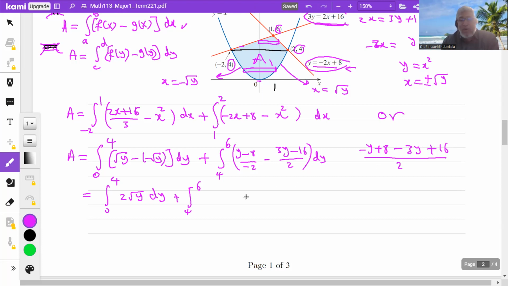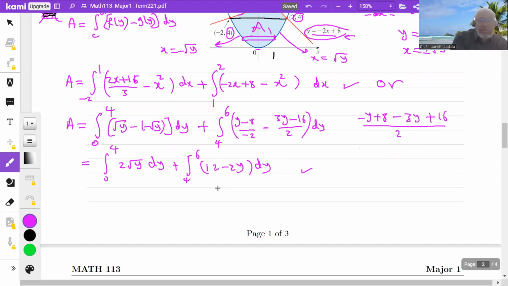That's negative 2y. And 8 plus 16, 24 over 2, that's 12. So I can write the second integral like this, okay? And you can check by the calculator. You know how to use the calculator to find a definite integral. Check that this integral and this will give you the same answer.